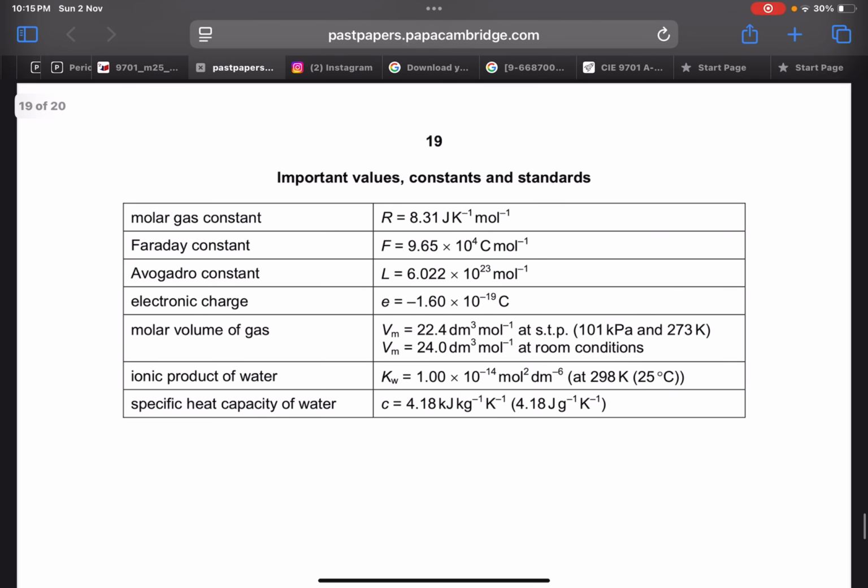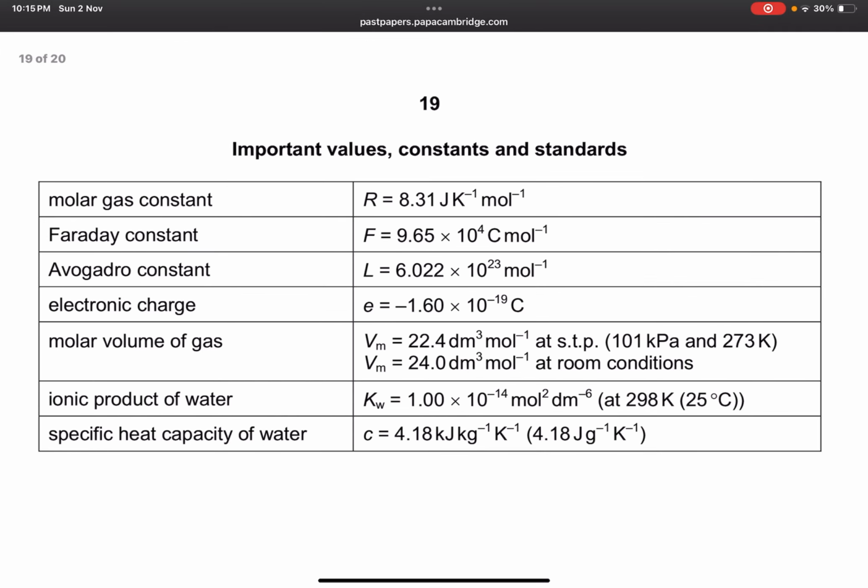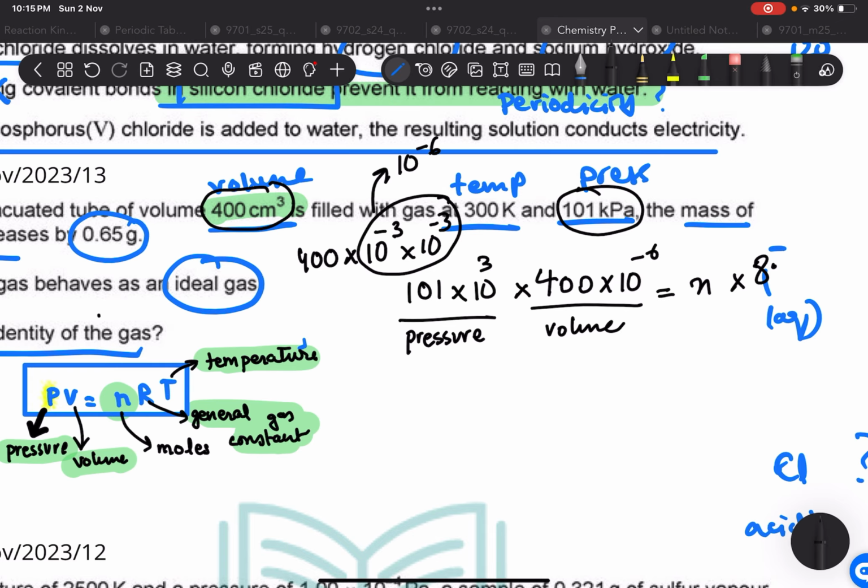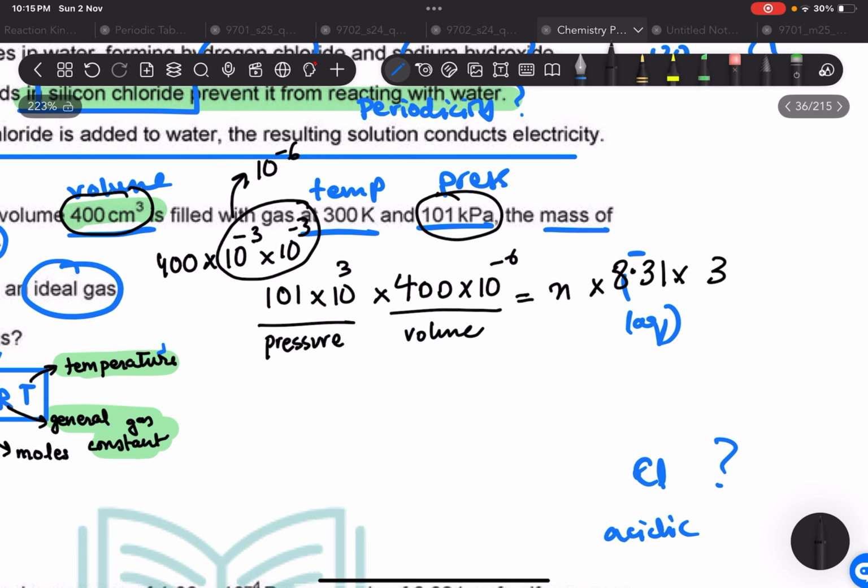Yeah, it is. Over here you have the general gas constant at the front, 8.31. So it's 8.31 multiplied by nRT, temperature is 300 Kelvin, and from here you just figure out the value of n.